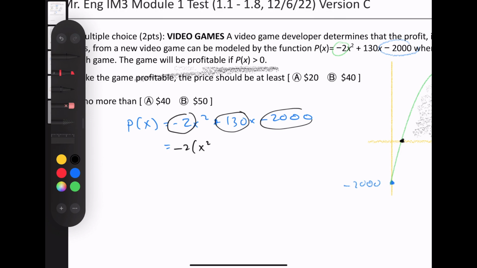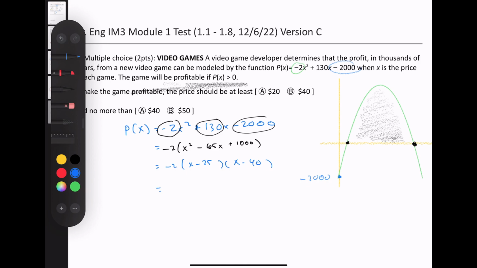Negative 2 times negative 65x will give me positive 130x, and negative 2 times 1,000 will give us that value. Now I'm attempting to solve this by graphing, and the two numbers will be x minus 25 and x minus 40.